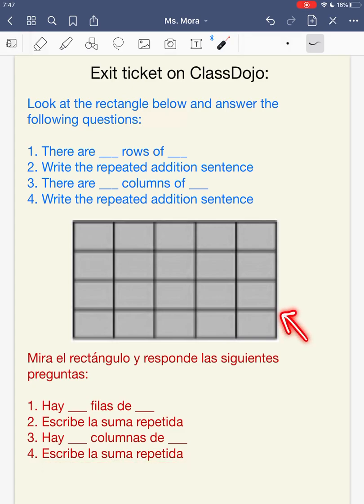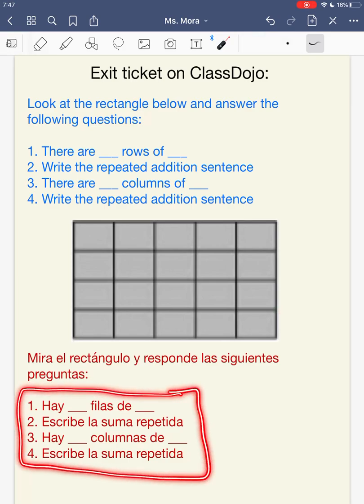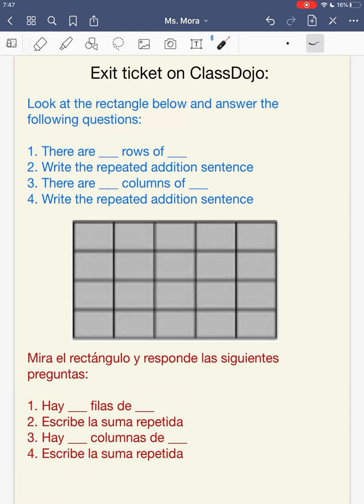Ok, so aquí está el rectángulo y vas a responder estas preguntas. Si lo quieres hacer en tu cuaderno, está bien, no tienes que dibujar el rectángulo de nuevo porque aquí está, solo responde las preguntas. Lo puedes hacer en tu cuaderno y tomar una foto, o lo puedes hacer mismo en Class Dojo, escribir las respuestas con el teclado.